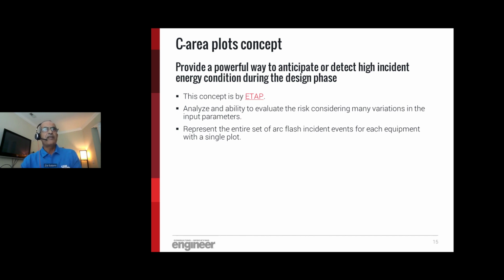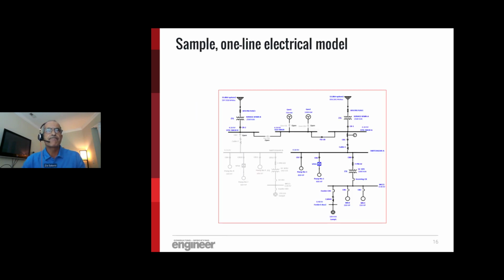It has the ability to evaluate risk considering many variations as design input and present a set of events for each piece of equipment with a single plot. We'll see that one in the next slide. Let's look at a one-line diagram.